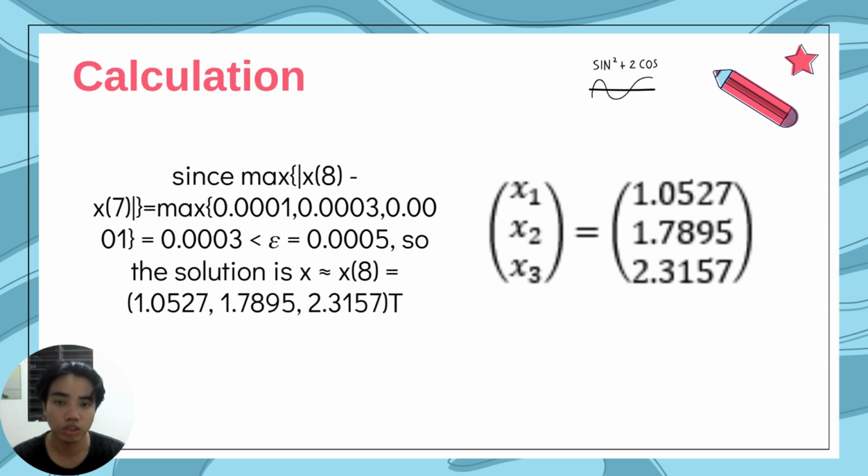So the solution is x8 equal to 1.0527, 1.7895, 2.3157 transpose. Then we change it into matrix form, which is x1, x2, x3 equal to 1.0527, 1.7895, 2.3157.